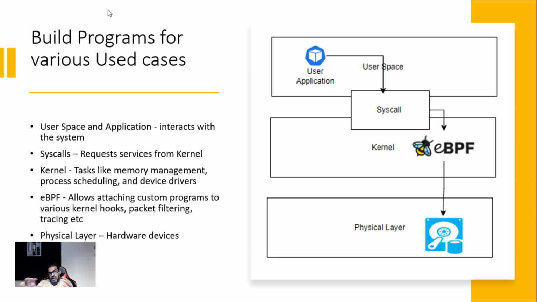Let's talk a little bit about how to build programs for the various use cases. In reality, when your team is developing an eBPF program, let's say for a network, there would be a user application sitting in the user space that would initiate a system call, and that system call is basically registering to the kernel events.